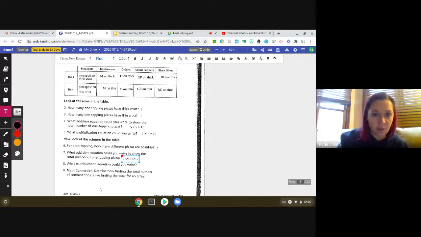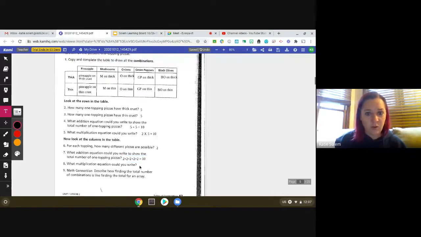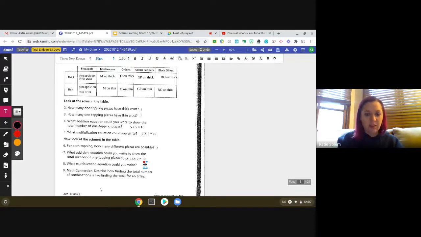I put 5 in there because there are 5 different columns, equals 10. We could have also written that as a multiplication, in that there were 5 topping possibilities times 2 crust choices equal 10. So those are some ways that we could use a table to answer questions.